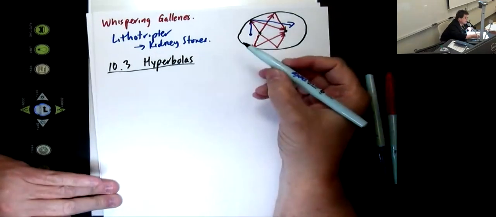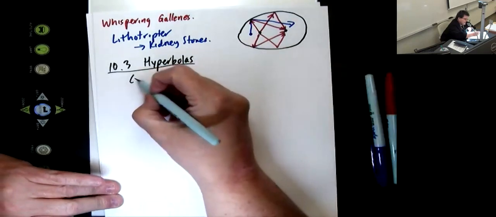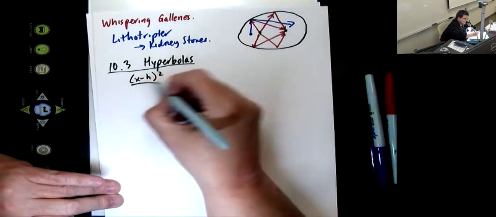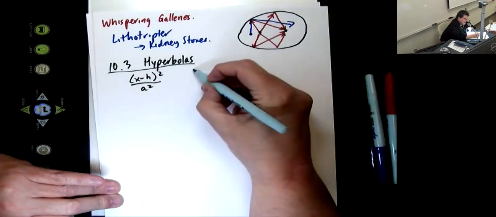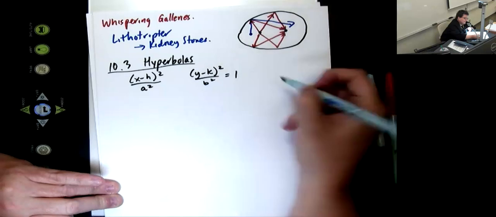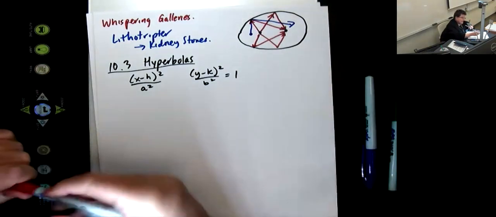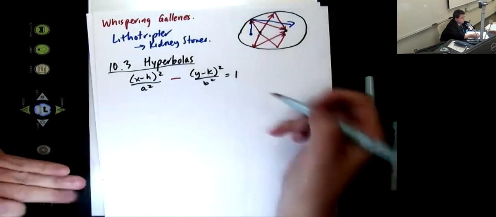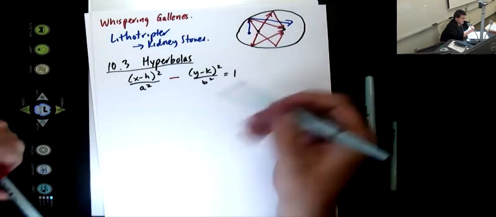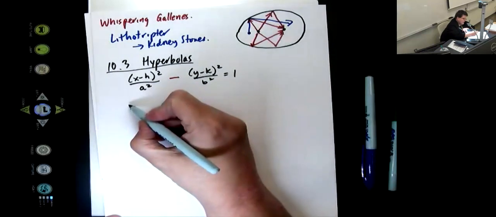The equation looks a lot like the one on the left. Check this out. x minus h squared over a squared, minus y minus k squared over b squared equals 1. The only difference is there's a minus between them. Or we could have it where the other one is negative.